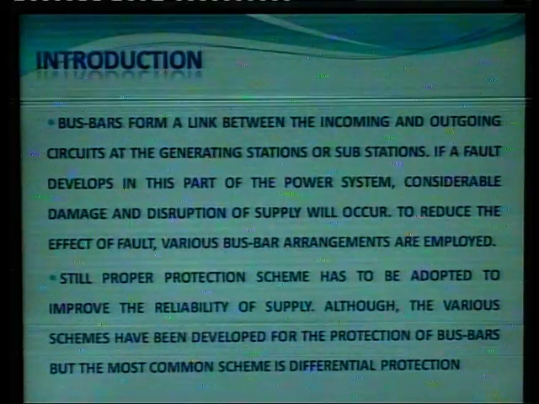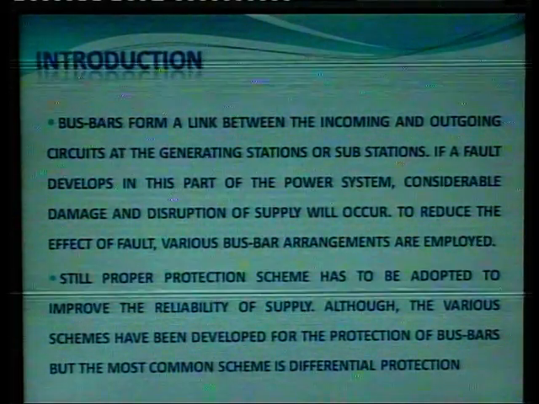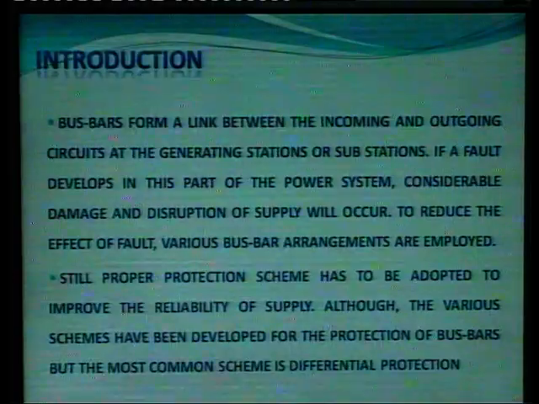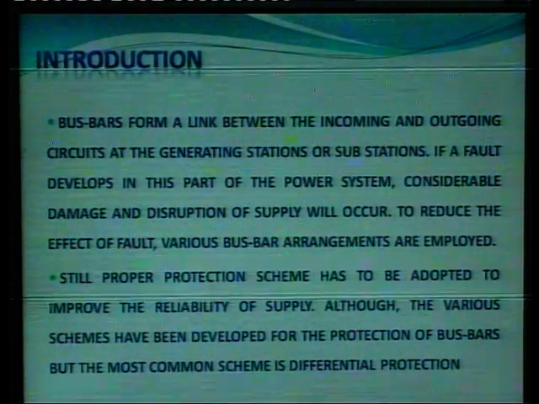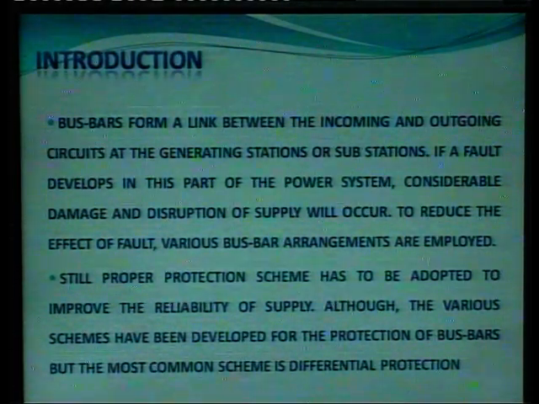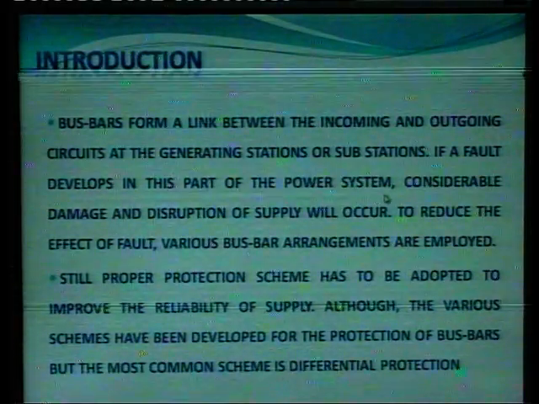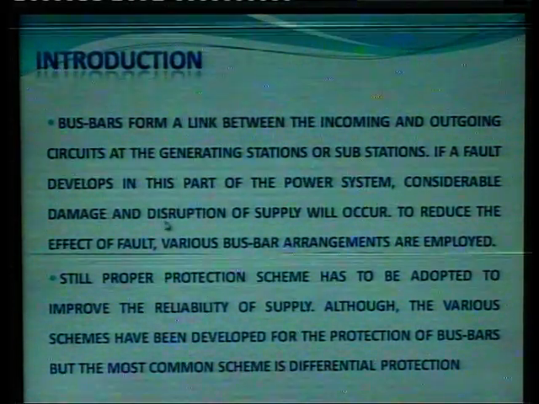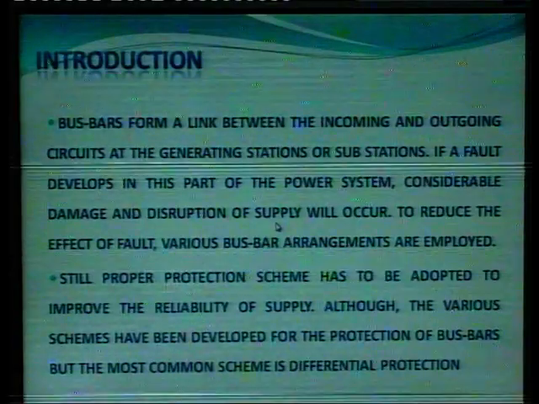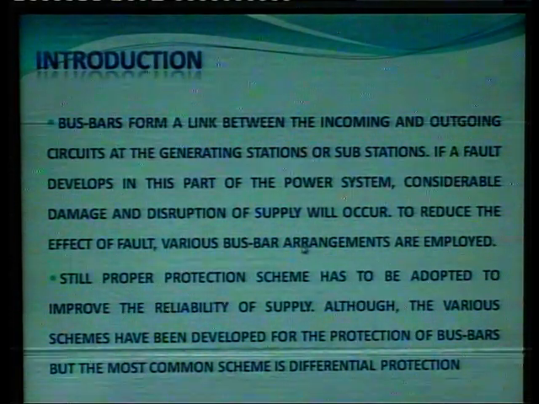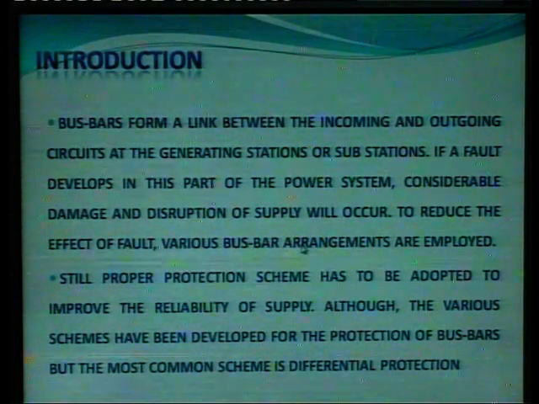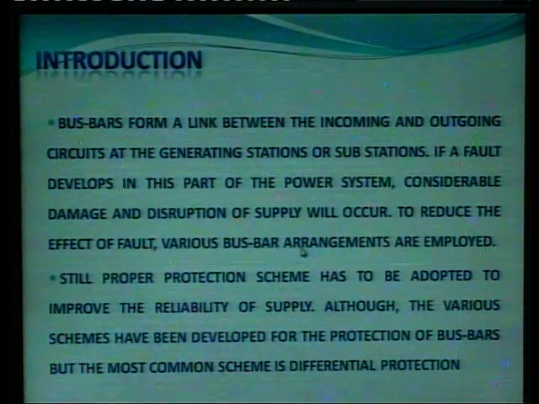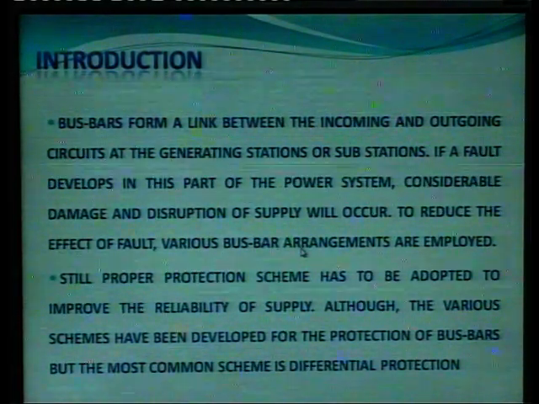Basically, bus bar is a kind of node through which the various connections can be made. So, if a fault develops in this part of the power system, considerable damage and disruption of the supply will occur. So, to reduce the effect of fault, various bus bar arrangements are employed.